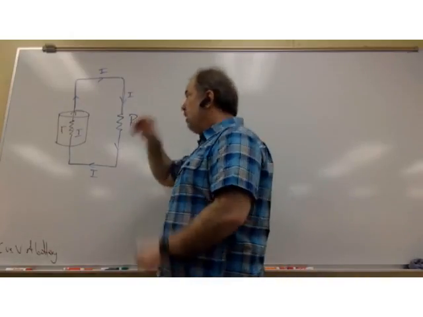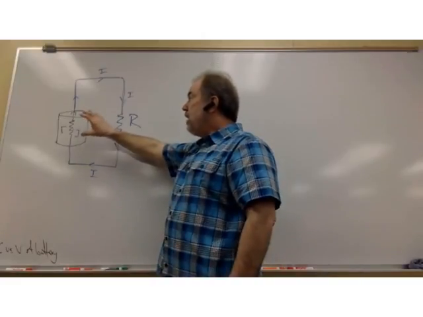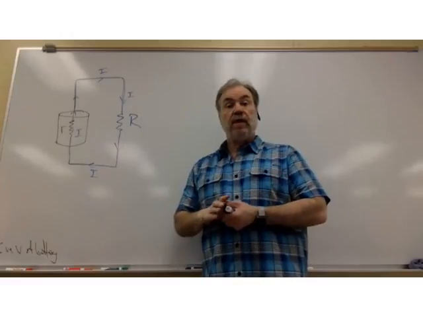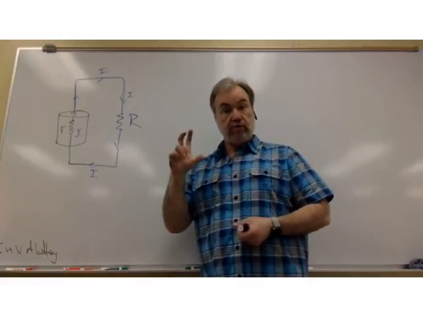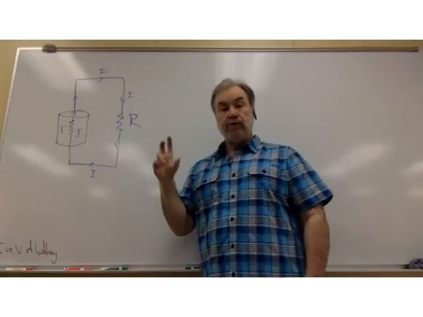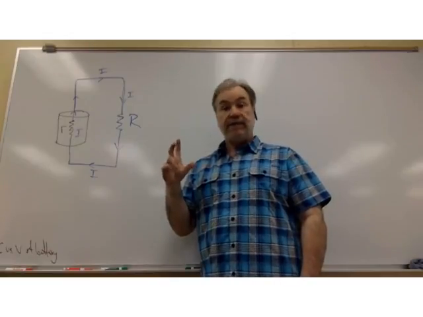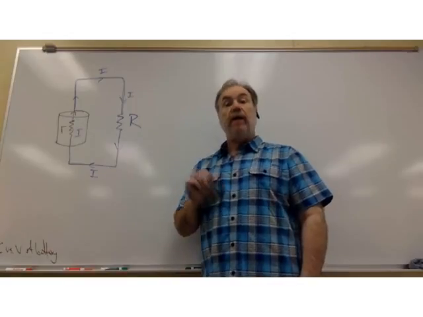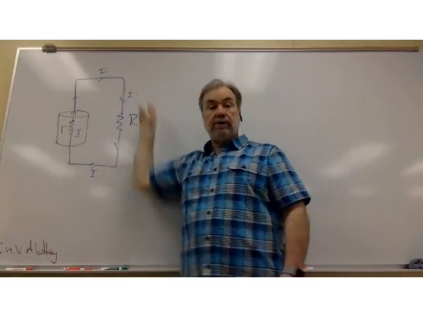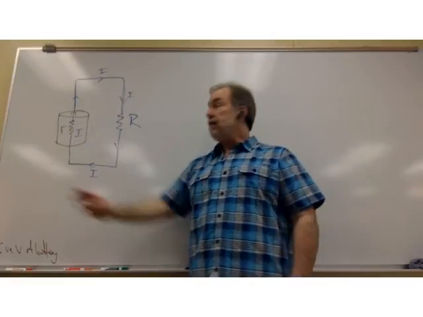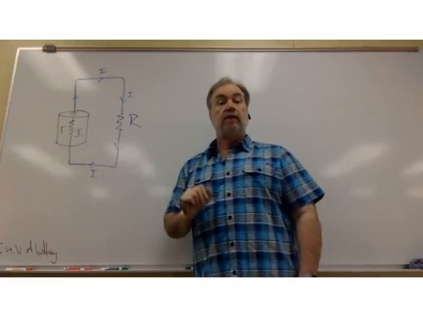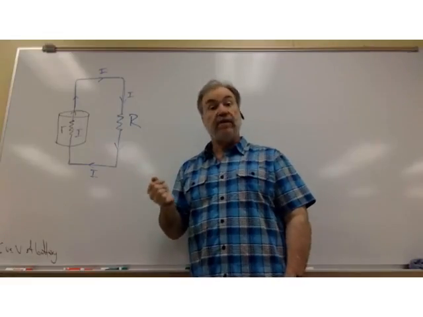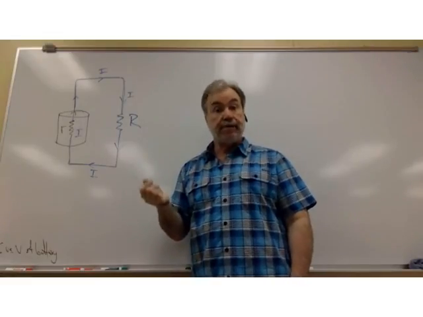And that is, if you are not actually using the battery, if it's not connected to a circuit, then the potential difference that you measure with a meter, the number you will see on the meter screen, will be the same as the EMF the battery was designed to have. It's only when you start using the battery and the current starts to flow that the resistance of the battery comes into play, because it's only when a current is actually flowing that the resistance has any effect on anything, because resistance affects only current.